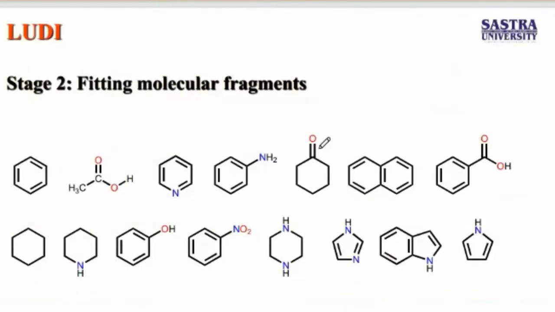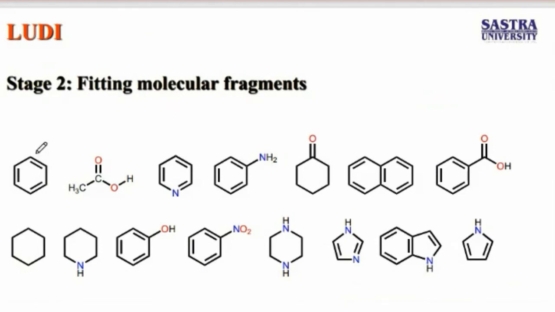It has a fragment database, a huge database. Whatever structures you are seeing here are all fragments. We cannot call them drug-like molecules because these are very small compared to drug-like molecules. If you calculate the molecular weight, all the fragments in the fragment database have a much smaller molecular weight than the drug-like molecules we screen in high throughput screening and virtual screening.